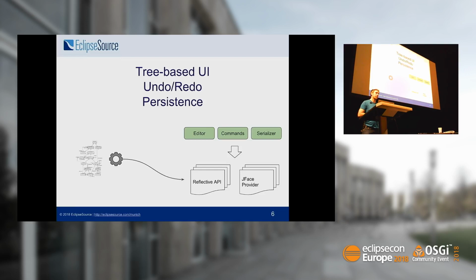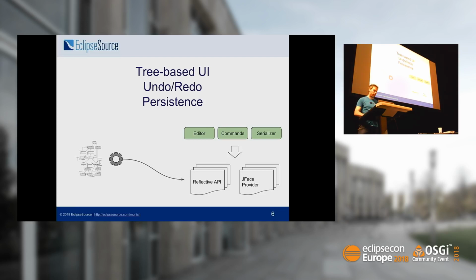That's a generic editor, which works out of the box for every model. It just looks at the reflective API and uses those providers to display an instance of your model. Then there are commands which support undo, redo, again using the reflective API, and there is a default serializer which can persist a model instance to a file or a resource.